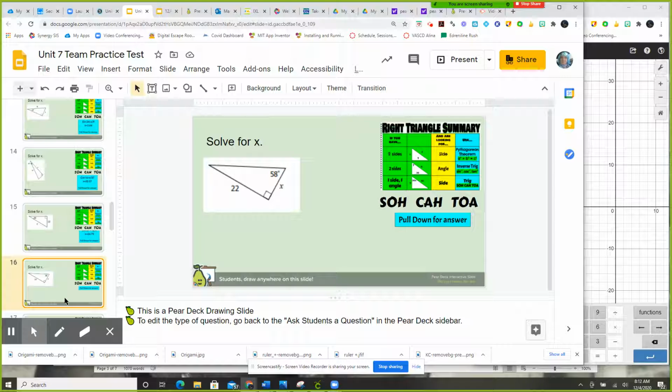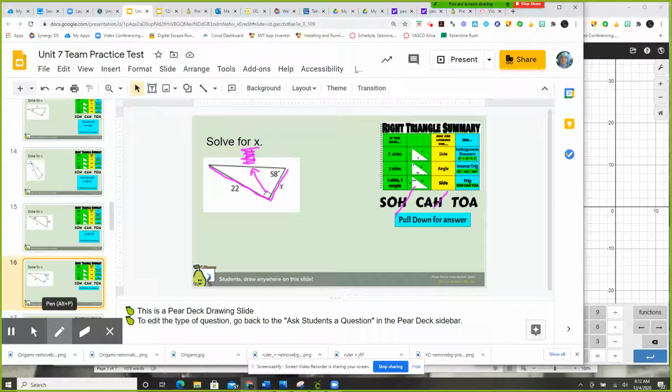What about number 16? What combination of sides and angles do I have here? This one is often my favorite one because I don't have to think about it too much. Do I have a hypotenuse or do I have two legs? The hypotenuse is over here, opposite that right angle, and I don't have any information there, so I can't use the hypotenuse.